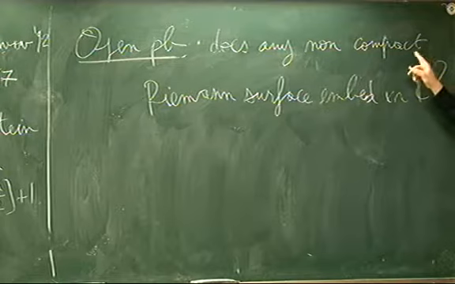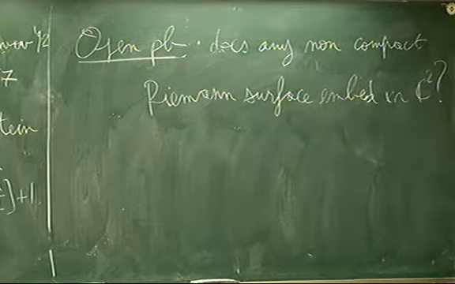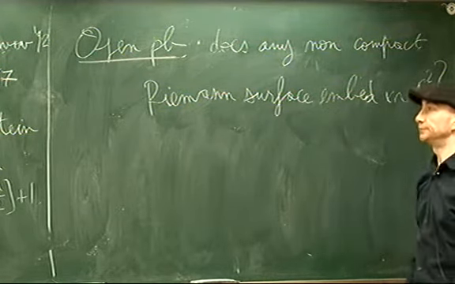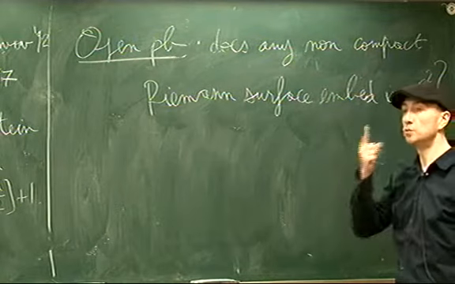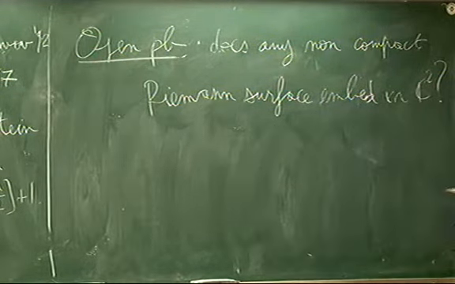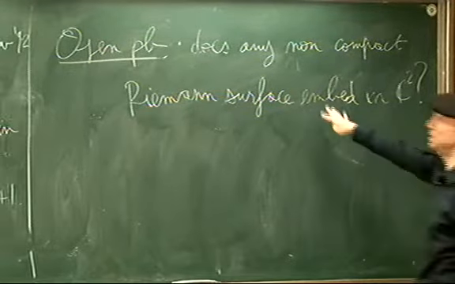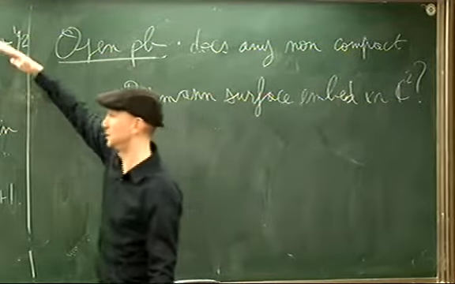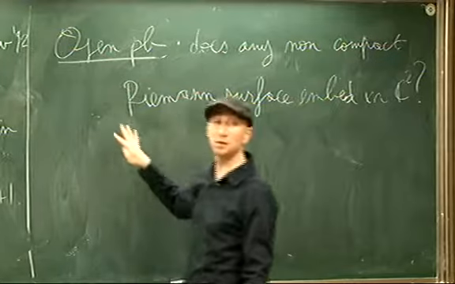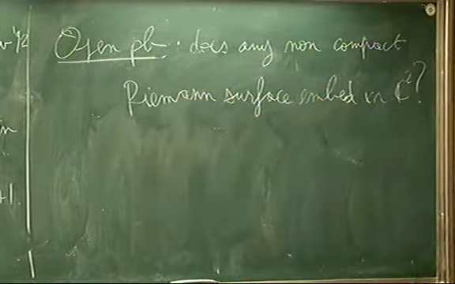Suddenly I'm talking about non-compact Riemann surfaces, but Stein manifolds of dimension 1 are exactly non-compact Riemann surfaces. These two sets are equal. So I prefer to say it like this. You see, this is the case of dimension 1 of this theorem, and this is open. As far as I know, this is open.